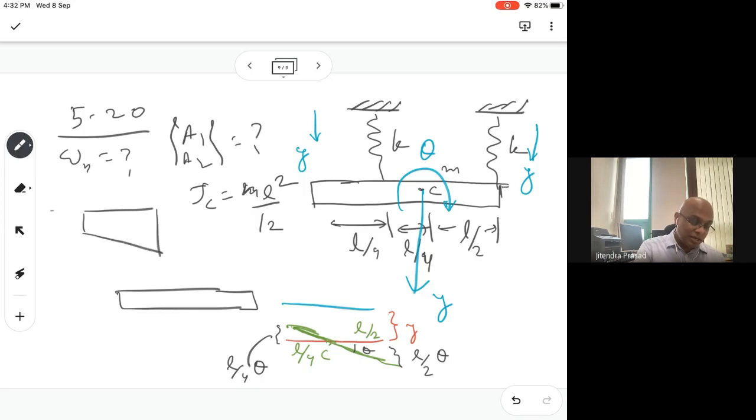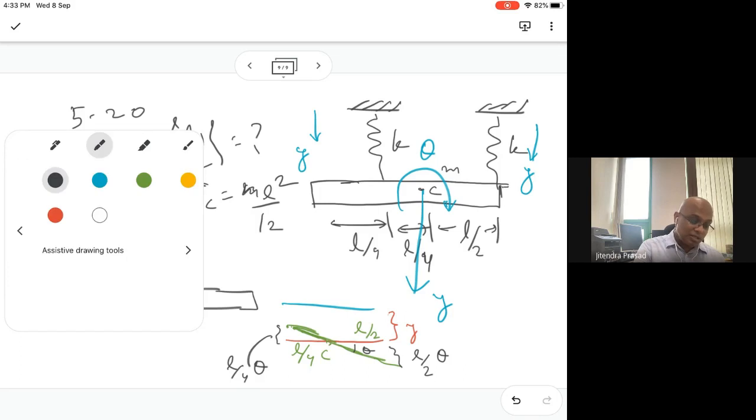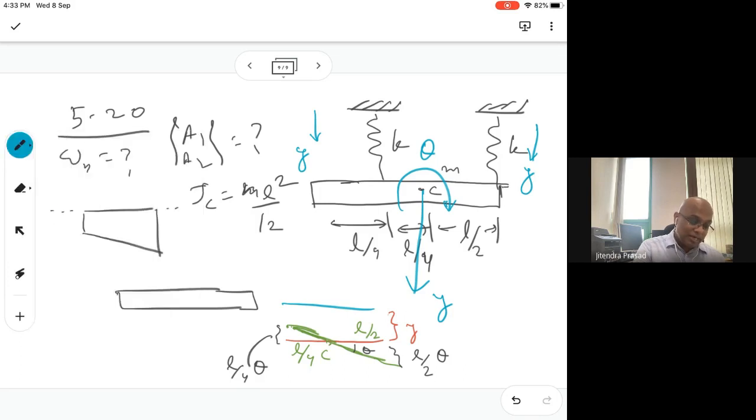This is the original position, and then with both y and theta, we have values. Here this will be y minus L/4 theta, and here it will be y plus L over 2 theta.